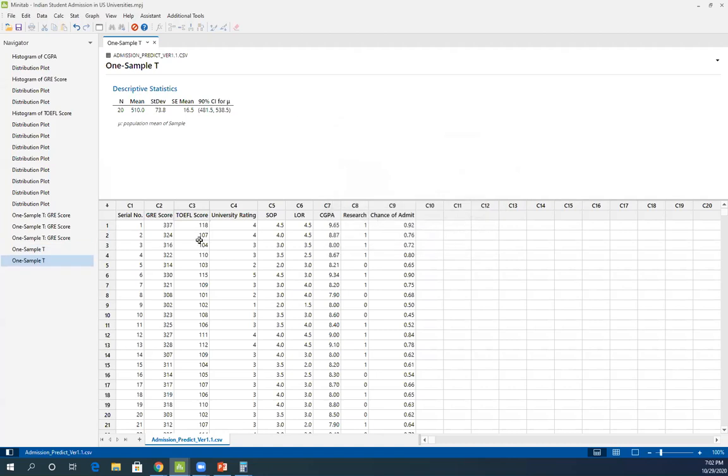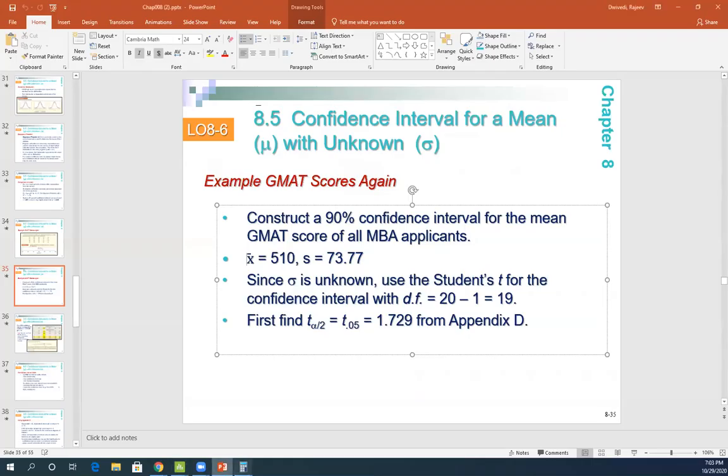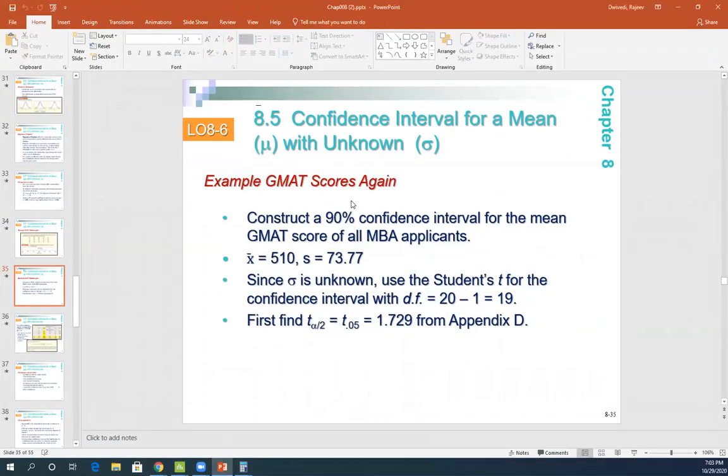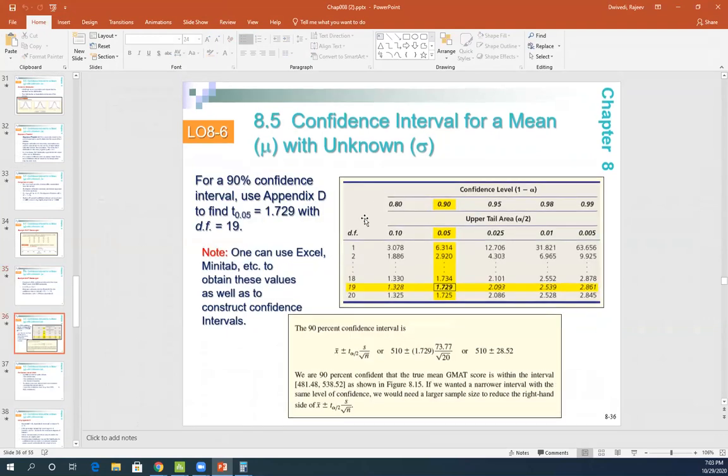Okay, now we get the range. Here you can see we are 90% confident the true GMAT score will be between 481.5 and 538.5.